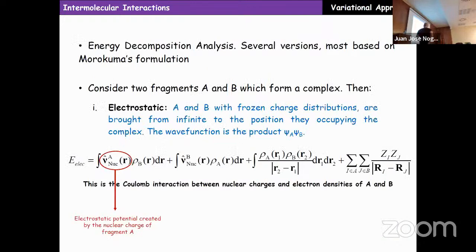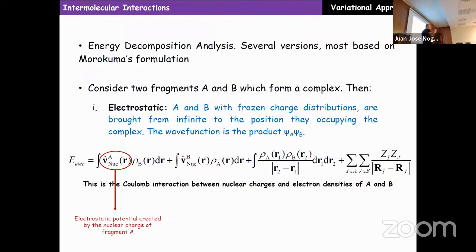Well, let's start with the variational approach. Just some fundamental ideas of the method. Variational schemes are many, different, with small differences. One calculates the energy due to charge transfer in different ways. So, okay, there are many.